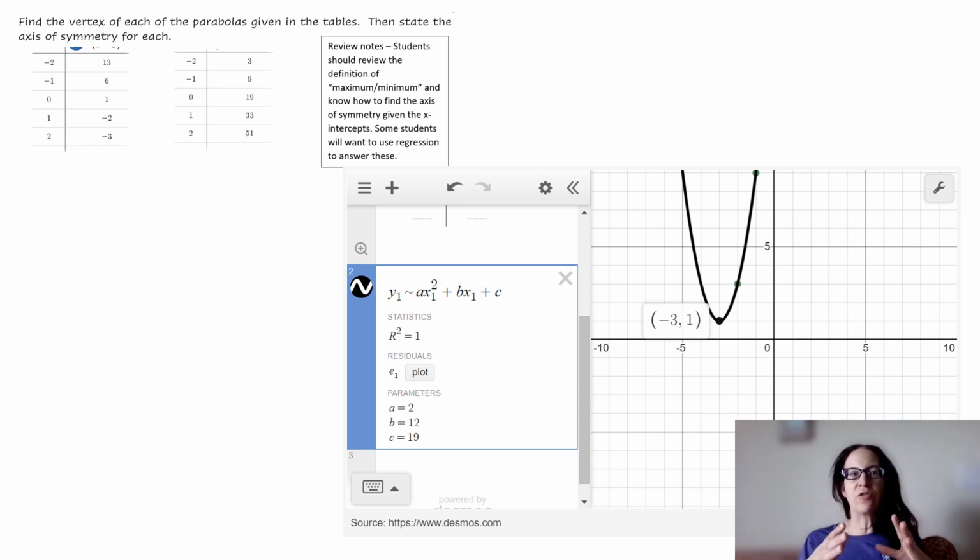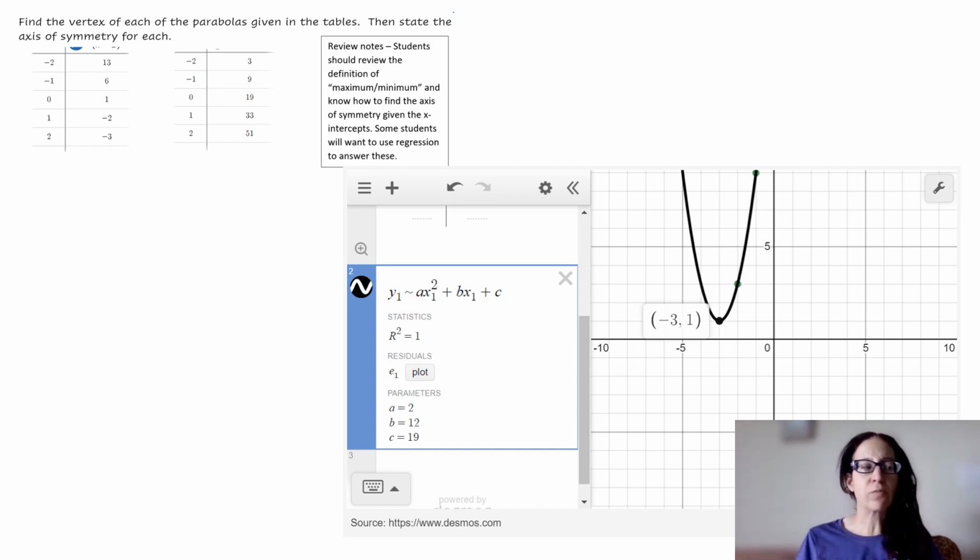This is tied to a standard that asks you to compare the key features of quadratic graphs from tables and from verbal descriptions. There's a little review note that says students should review the definition of maximum and minimum, and know how to find the axis of symmetry given the x-intercept. Some students will want to use regression to answer these. So let's go ahead and start working this one out.